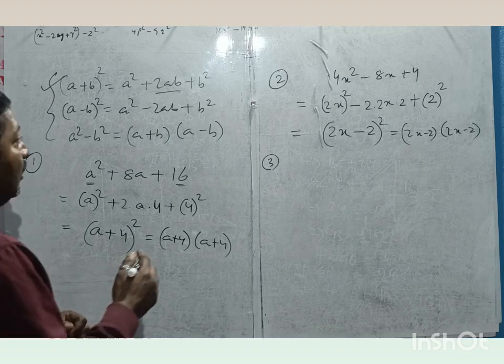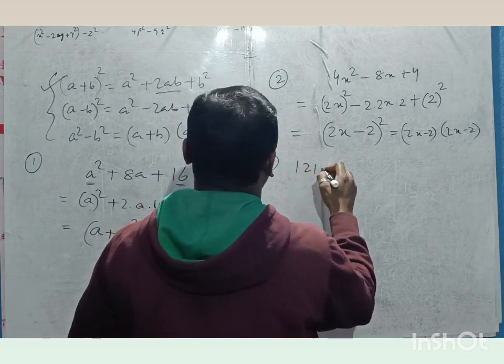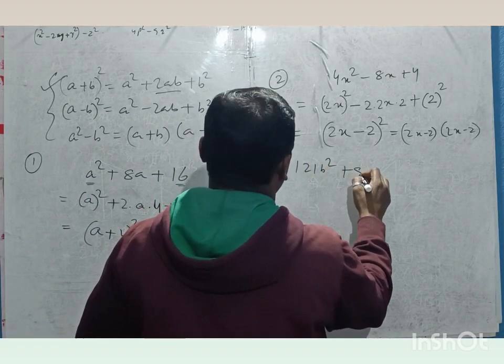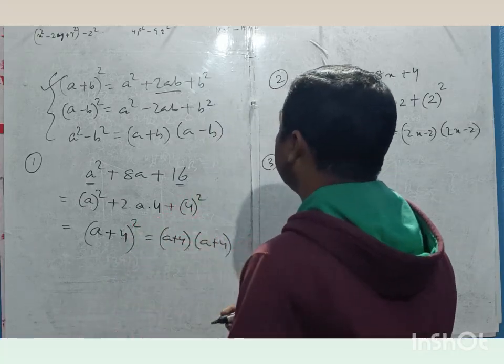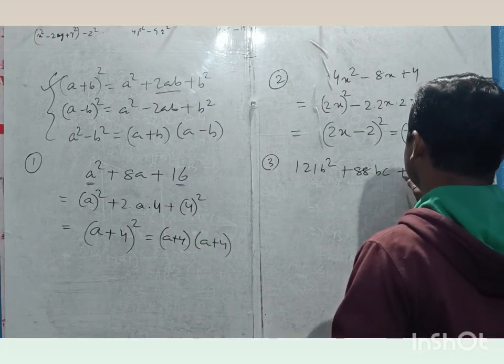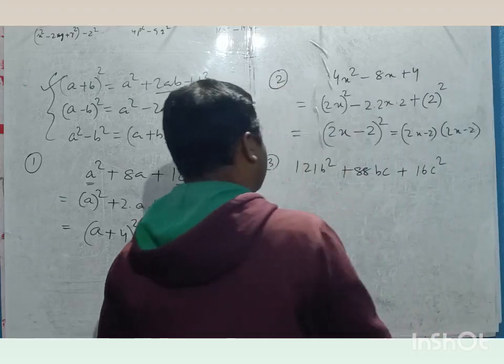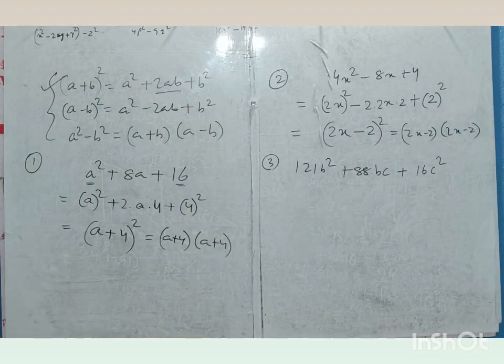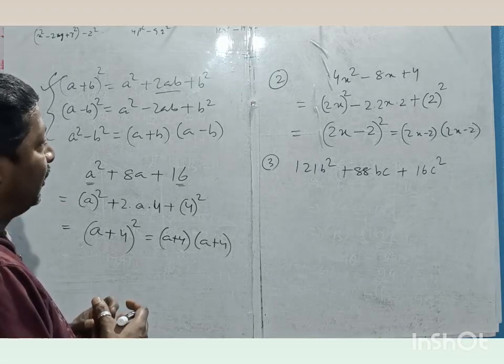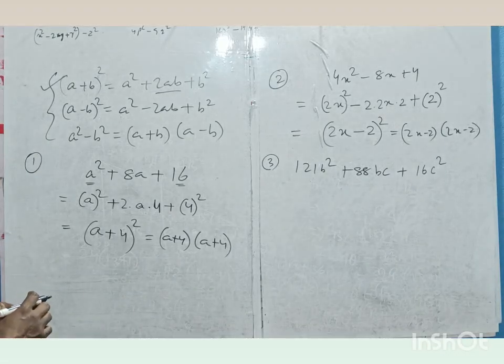Okay, 121 b square plus 88 bc plus 16 c square. Suppose the question is like this. So which identity will fit? What are you thinking?